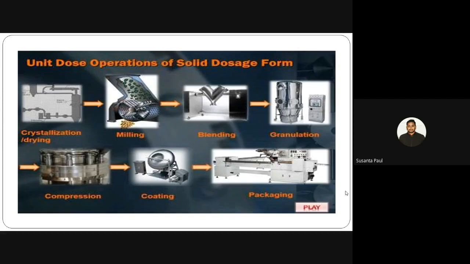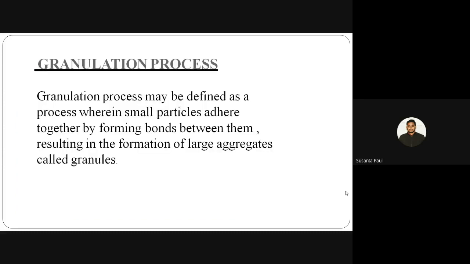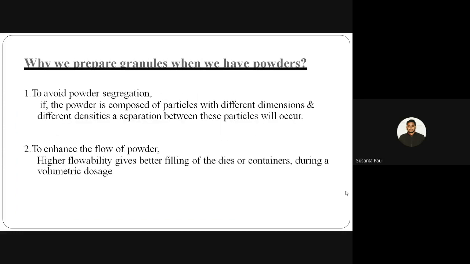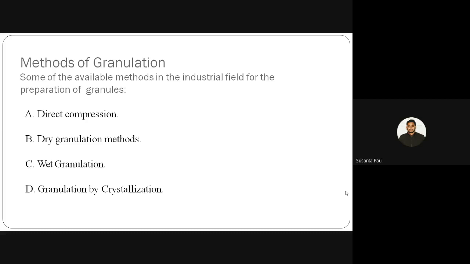Now the granules can be prepared by the following methods: the moist granulation method, the dry granulation method, and the granules by the preliminary compression method. So these are the three methods by which we can prepare the granules.